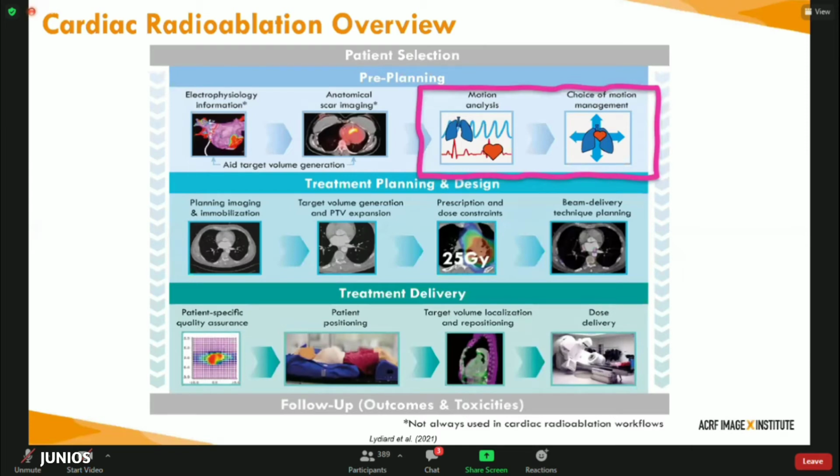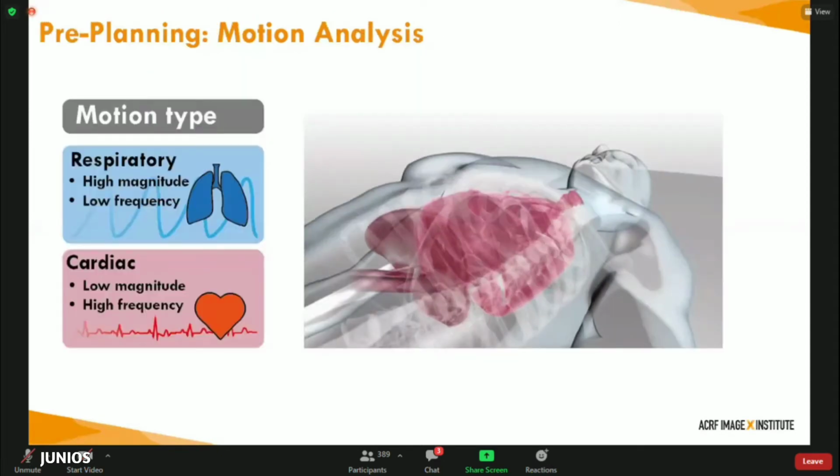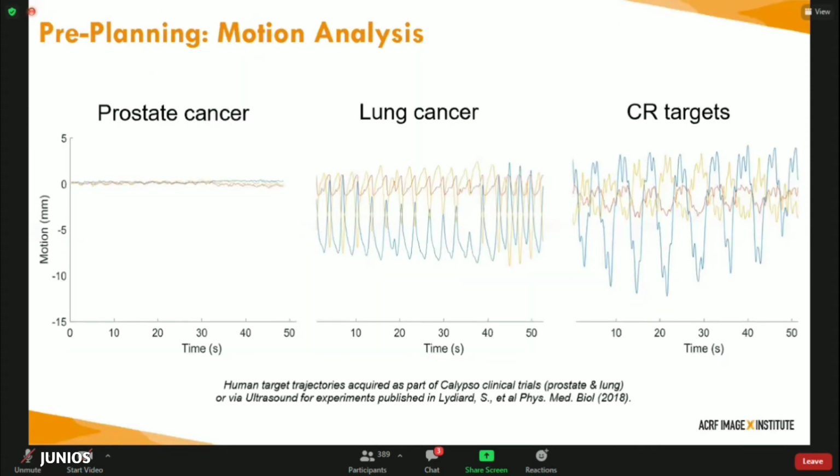This motion is perhaps the most complex seen in radiation therapy. To illustrate, shown here are the motion trajectories for prostate cancer, lung cancer, and a cardiac radioablation target, with each color representing two-dimensional motion.